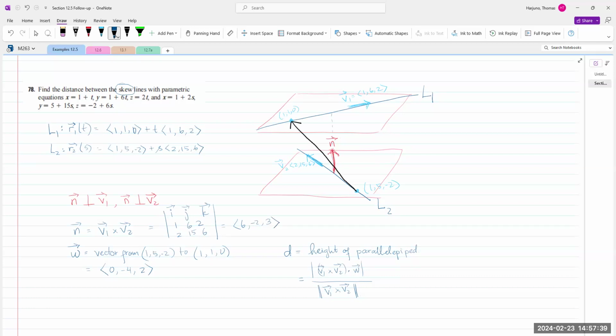So the magnitude of v1 cross v2, which we call n, is the square root of 36 plus 4 plus 9, that's 7.